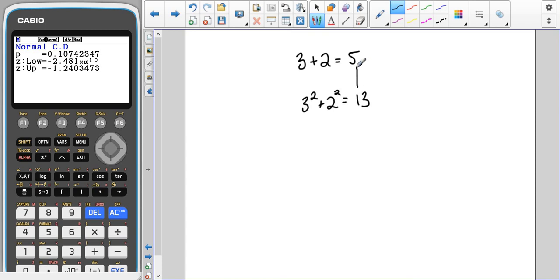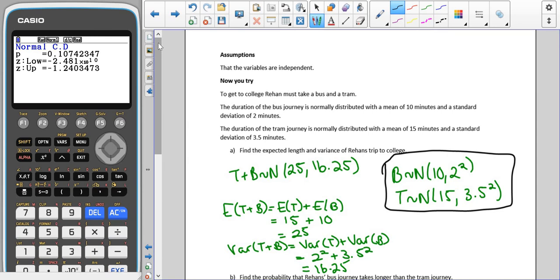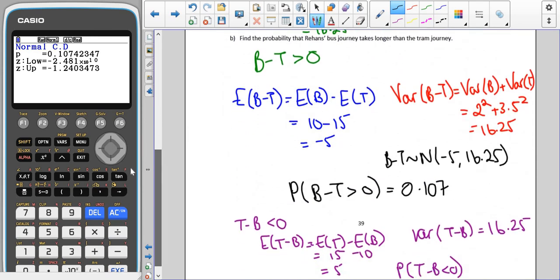The square root of 13 is not 5. These are not the same methods. So you need to be really careful when you're doing your working that you are always working with the variance, not the standard deviation. So make sure that you are looking out for that.